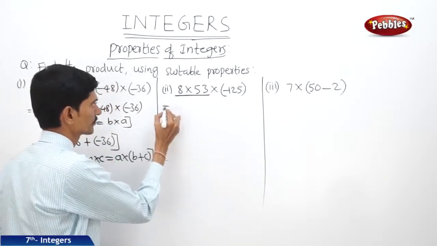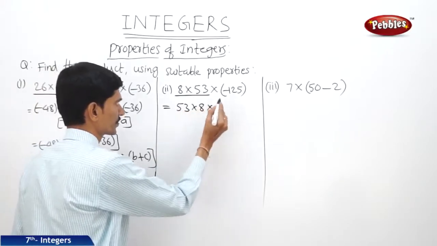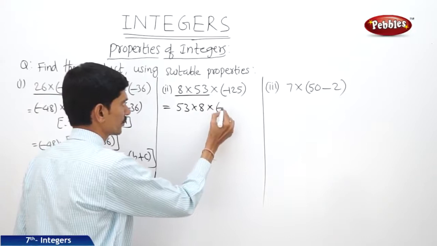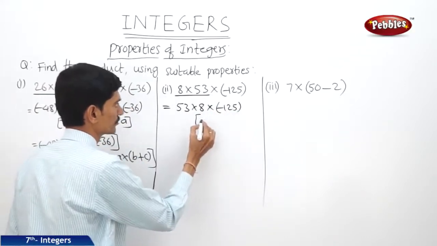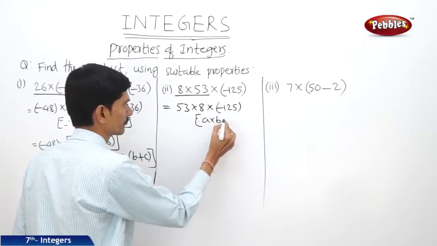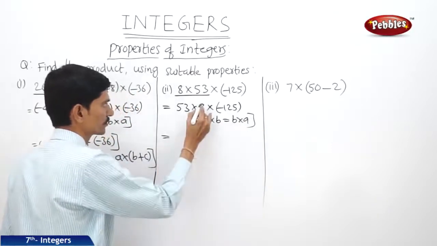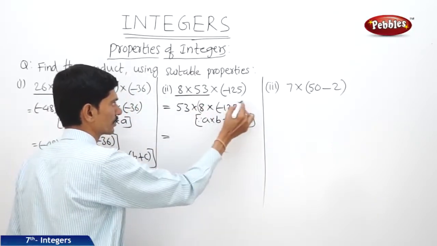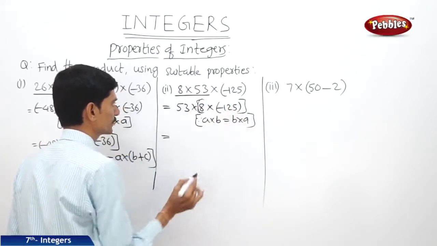So then we get 53 into 8 into minus 125. Now this equals, a into b equals b into a. Now here we can group these two integers together and multiply. So this is the associative property.